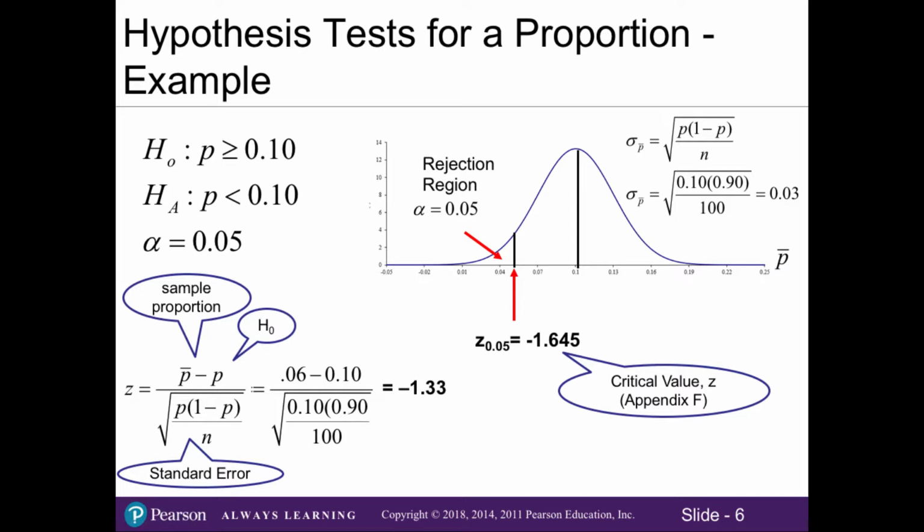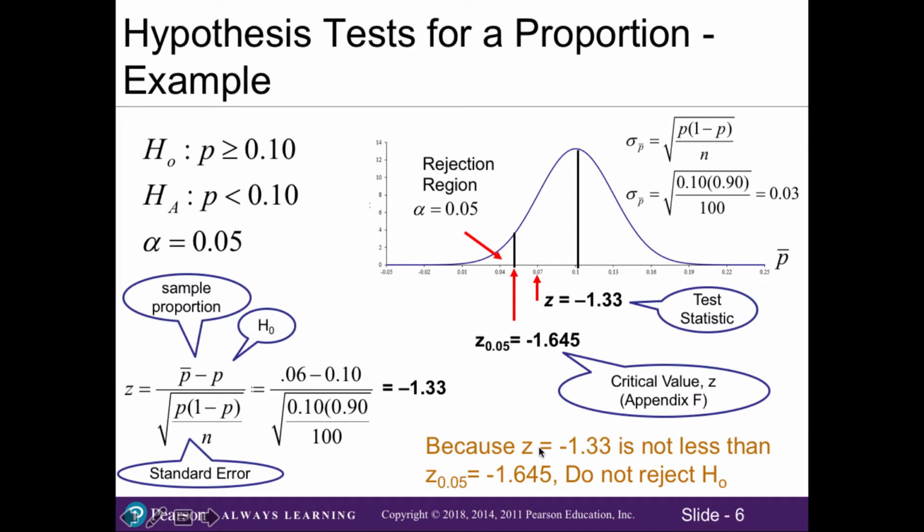Now again, I always recommend drawing and using our curve to identify where our numbers fall. So take a moment and think, where does negative 1.33 fall on my number line here for my Z value? If you identified it's somewhere right around here, you're right, because negative 1.33 is greater than negative 1.645.